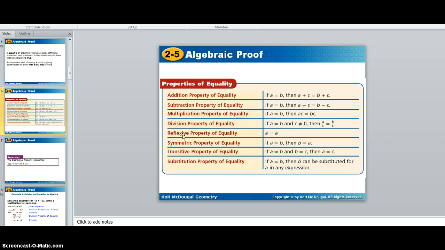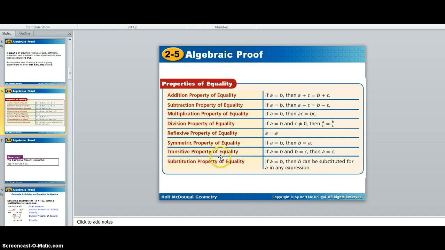The reflexive property tells you A equals A. So the number 2 is equal to the number 2. It seems silly, but it actually is needed. The symmetric property: if A equals B, then B has to equal A, so they go back and forth.